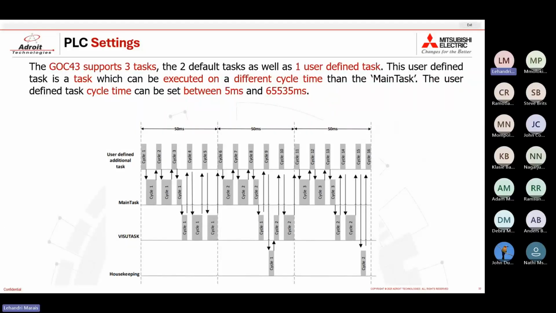Your user-defined task can be set as a cyclic task, which means you can set a time in which it needs to be executed, and this can range between 5 milliseconds and 65,535 milliseconds. So as you can see, you can set your user-defined task to run relatively faster than the main task.